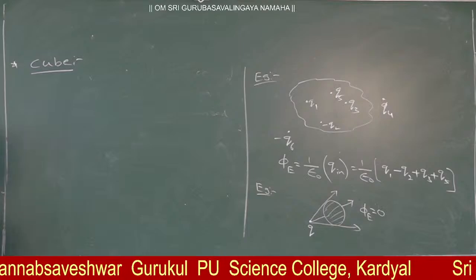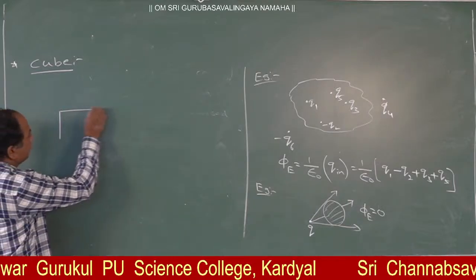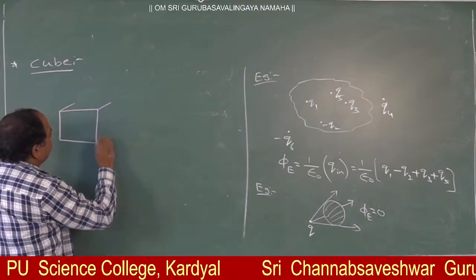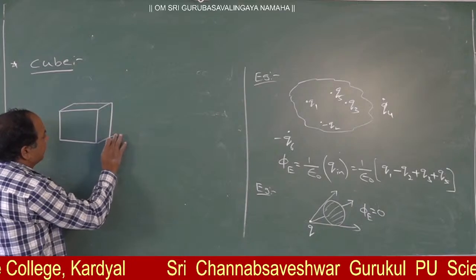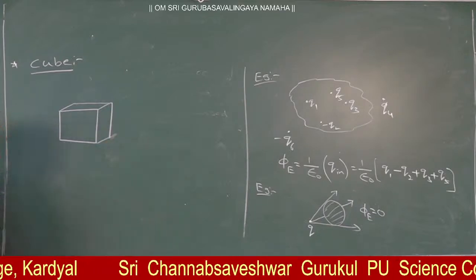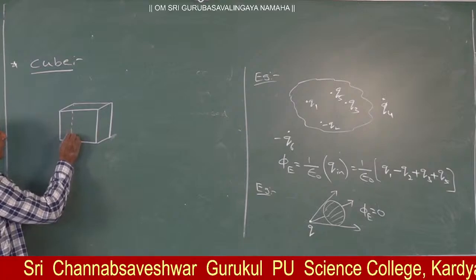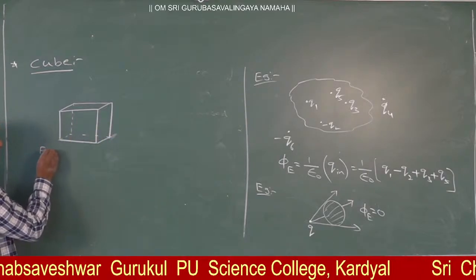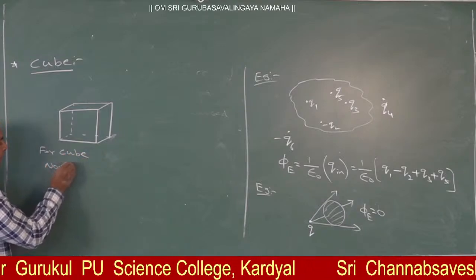What is this? A cube. A cube means all sides should be equal and it should be three-dimensional. That means we consider this to be the cube. For a cube, how many faces are there?